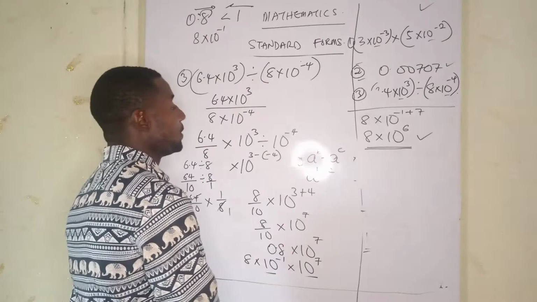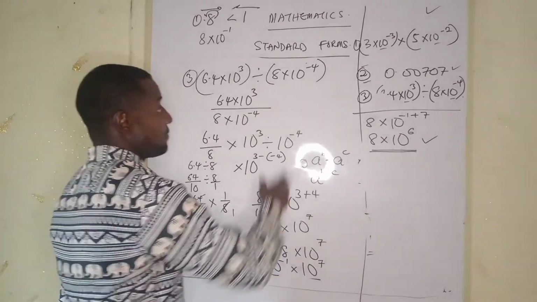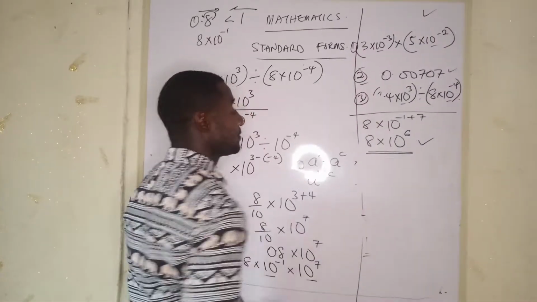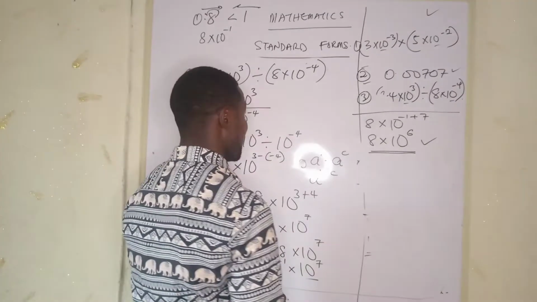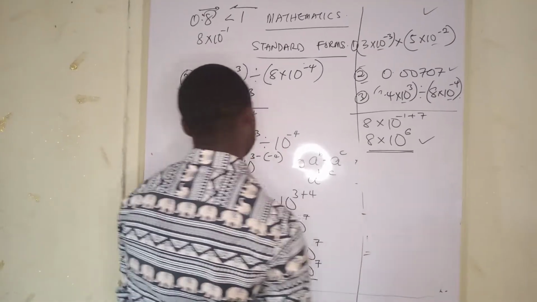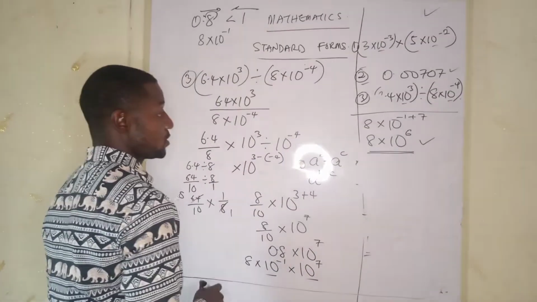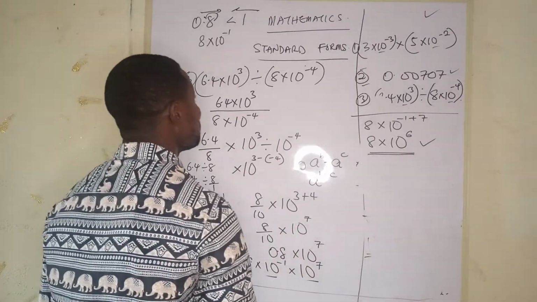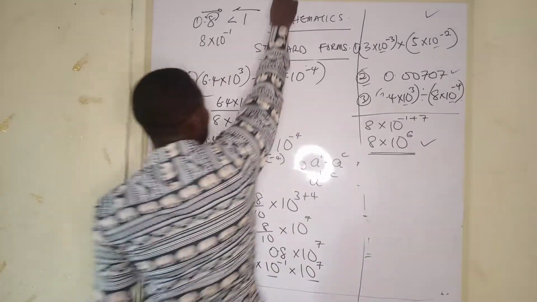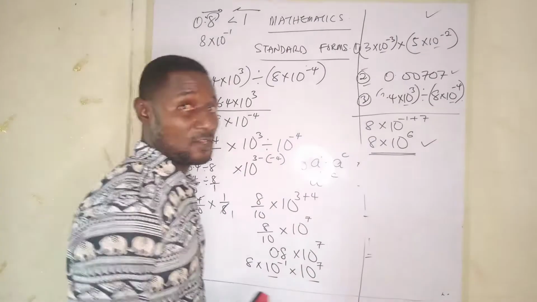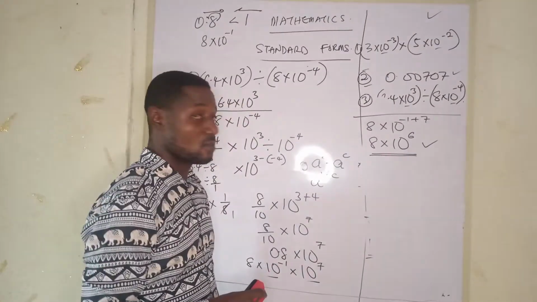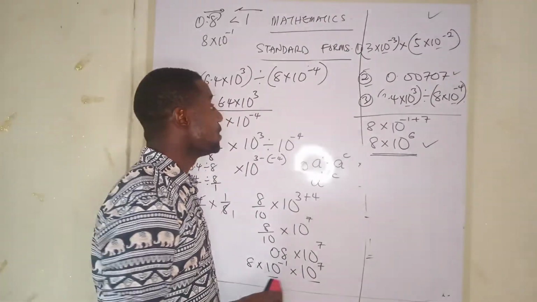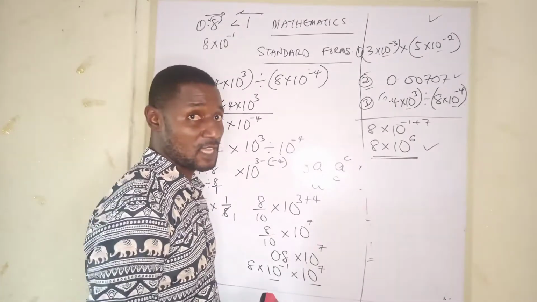Okay, let's proceed. I have been able to solve the 3 questions I gave us as our classwork and assignment. I will take 2 more questions so that we'll be able to conclude standard form. I believe by the end of this assignment and classwork, you should be able to solve any questions that relate to standard form.